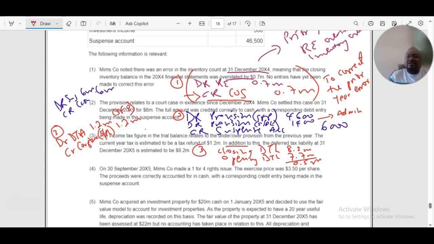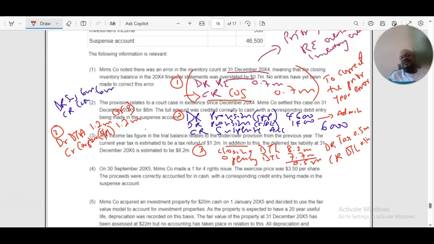You're going to debit corporation tax, because that's an increase in deferred tax liability. So it is an expense. We are increasing tax by 0.5 million. So we are debiting it and crediting the DTL, deferred tax liability, of 0.5 million.